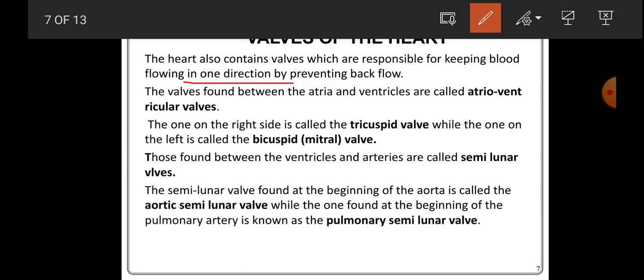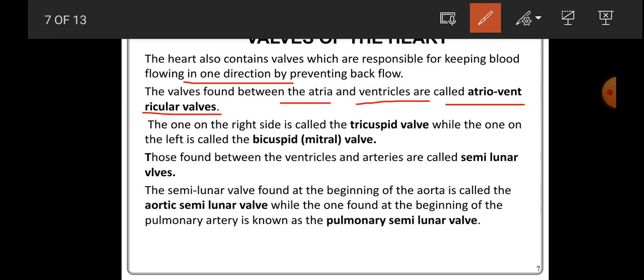The valves found between the atria and the ventricles are called atrioventricular valves. The one on the right side is called the tricuspid valve, while the one on the left is called the bicuspid valve.